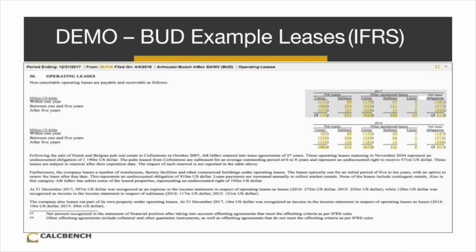So that means Calcbench benefits by getting more data. A company like Anheuser-Busch InBev now also has to file, which means we've got their data too, so we can tell you about their leasing commitments going forward. So that's a good thing. In general, we're not making a statement as to whether something is good or bad. We're just letting you get the data faster so that you can make that judgment for yourself. That's something I want to be very clear about.